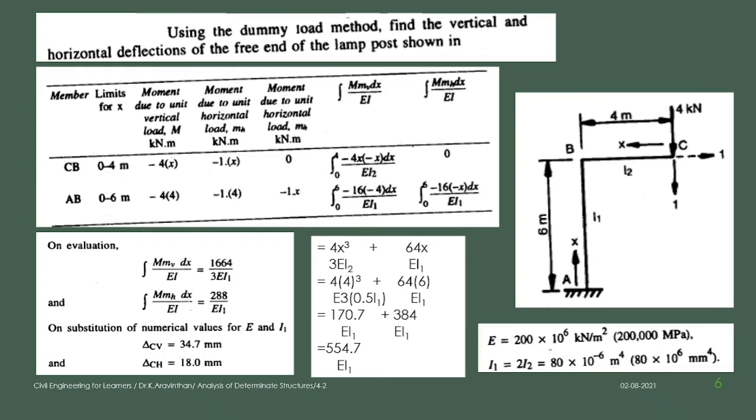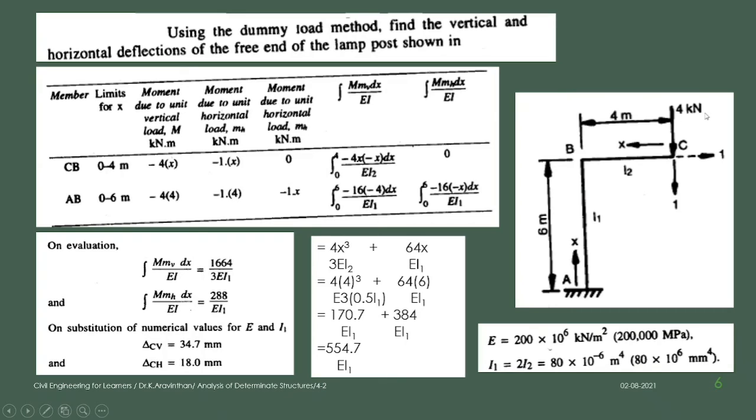If you want to find the vertical deflection, you have to apply a vertical dummy load. If you need to find horizontal deflection, you need to apply a horizontal dummy load. So this is the thing to understand in this problem. Wherever the deflection you want, at that point you have to apply the unit load. The real load is given as 4 kilonewton.